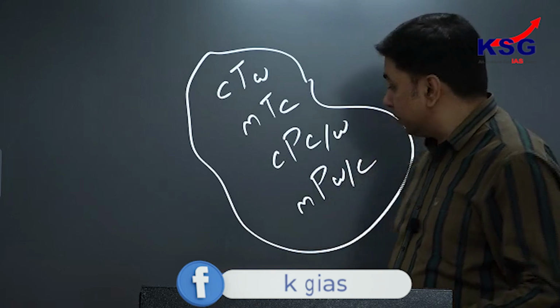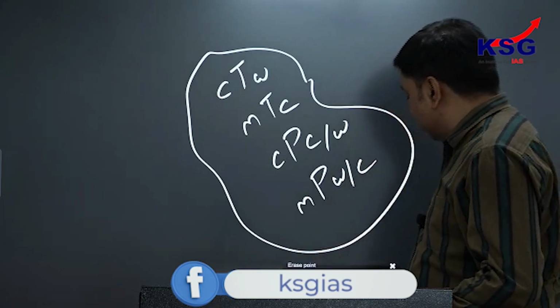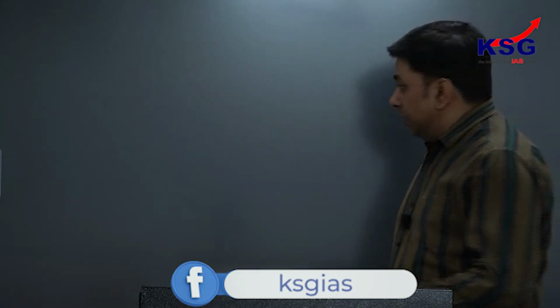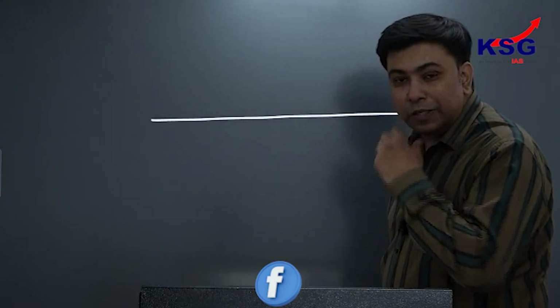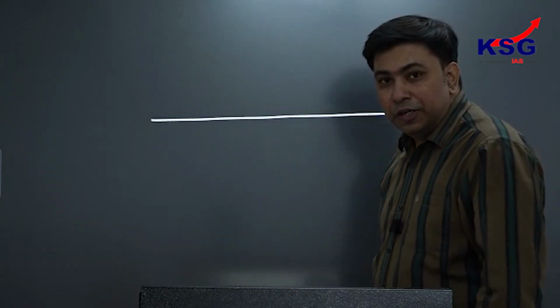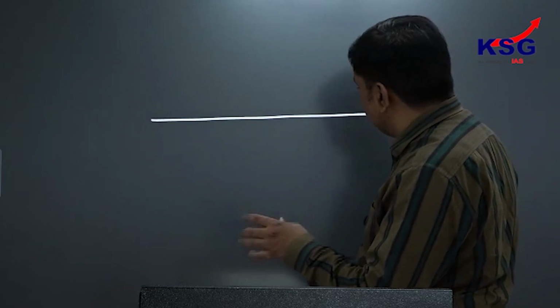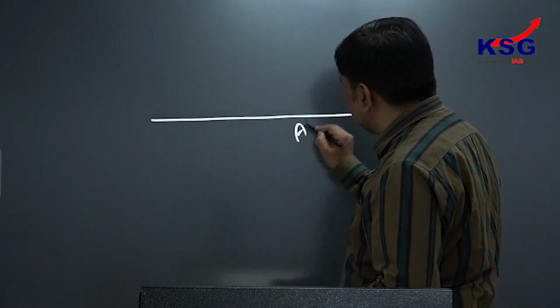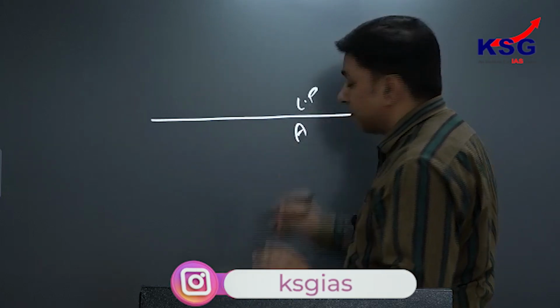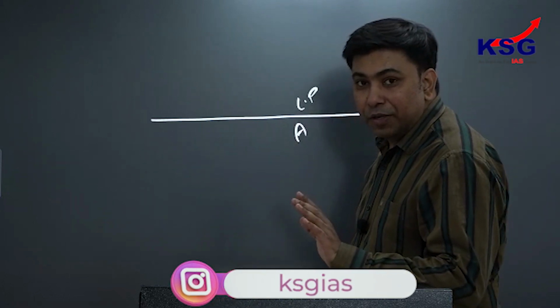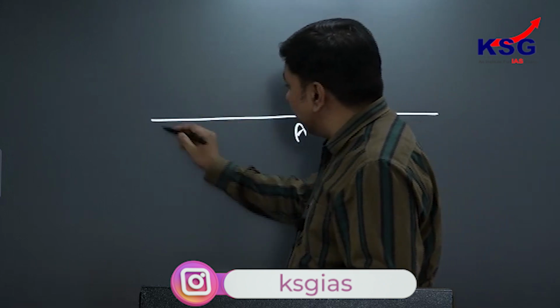Agree? Now presume that here I am showing the surface of Earth. Okay? Presume. Okay? And over the surface of Earth, I am demarcating an area that is A. And that area is characterized by low pressure. Okay? Now on the other side of A, we are finding one more area.